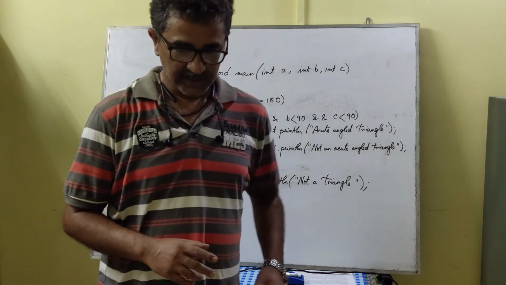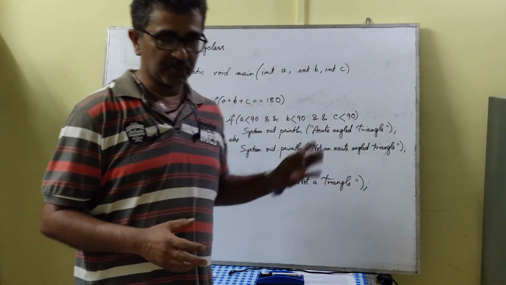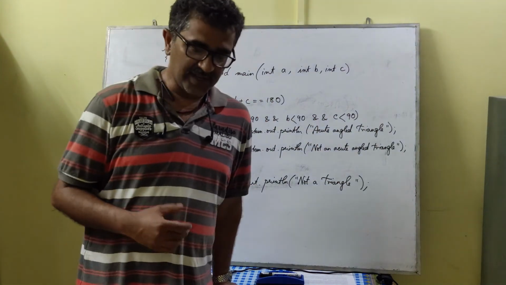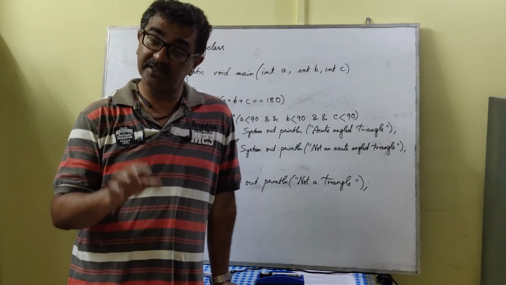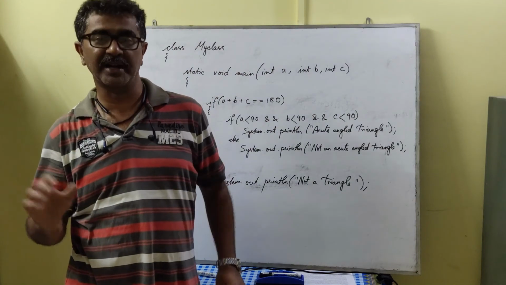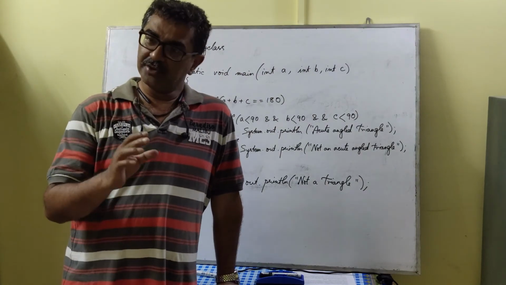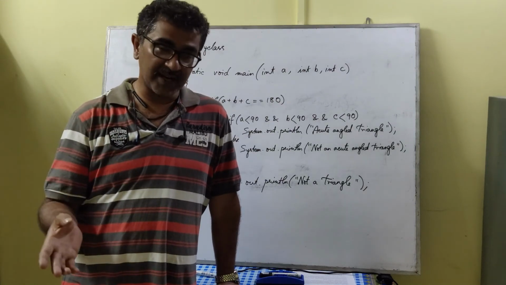Nested if means an if inside another if statement. For example, the program which I have written is we are supposed to input three angles of a triangle, check whether it forms a triangle or not. How do we check whether it forms a triangle? If the sum happens to be 180. So we are going to accept three angles of a triangle, check whether the sum is 180 or not.